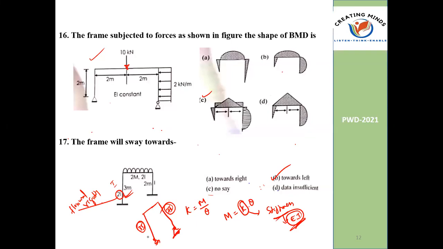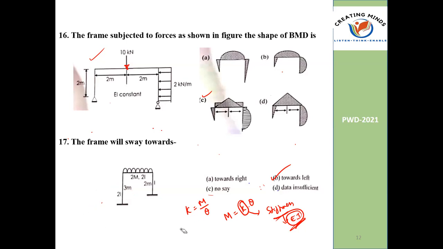Instead of hinge, if I give fixity, now the right side. So you have to see support condition: if the support condition is hinge, it will sway towards the hinge only. The next thing is the flexural rigidity of the member.